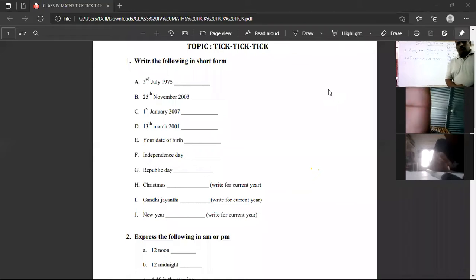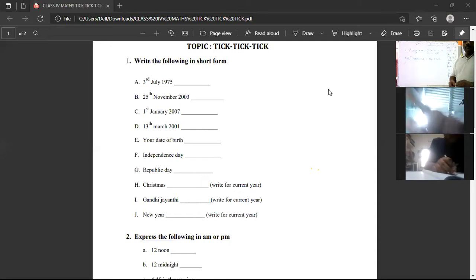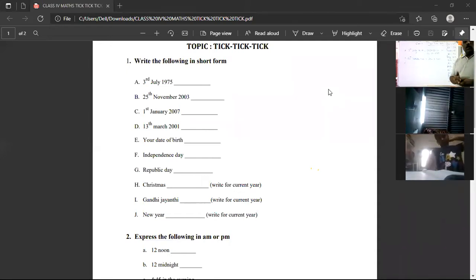Read the question carefully. Date first, then month, then year. Write in order. You are not supposed to change the order.